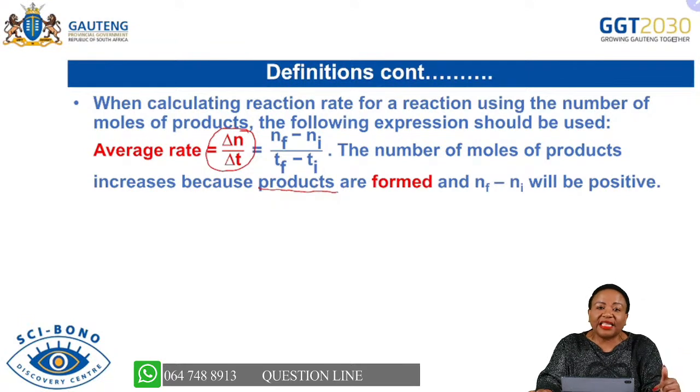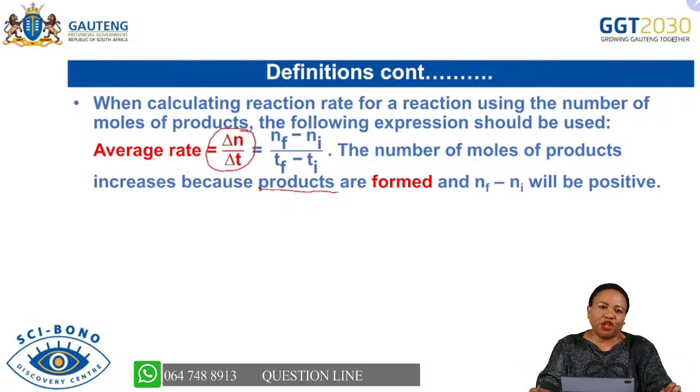In terms of the reactants, they were used. So they will have a smaller number as the final. And if you substitute in the formula, you'll find the answer being negative. But because the products are being formed, the final number of moles or the mass will be greater than the one that you initially started with. Therefore, the answer will definitely be positive.